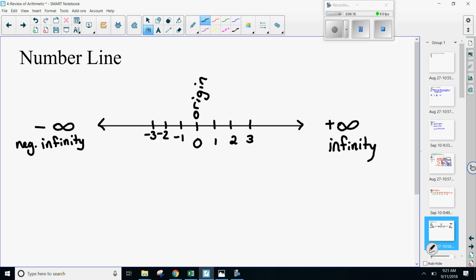So the question was, how do you define a positive number? On the number line, anything that is to the right of 0 on the number line is going to be a positive number. 0 and the positive real numbers. How do you define positive real numbers?